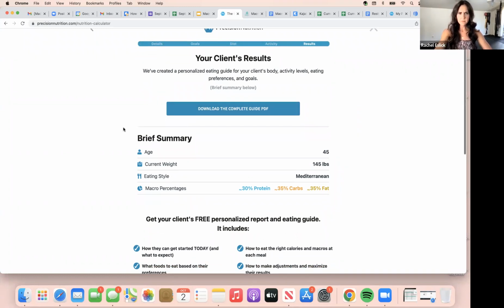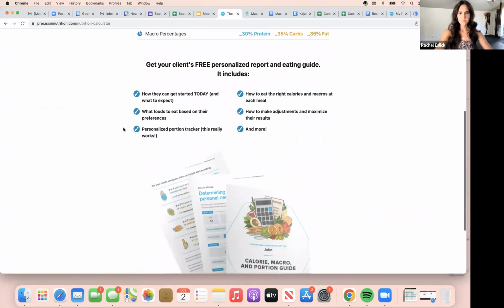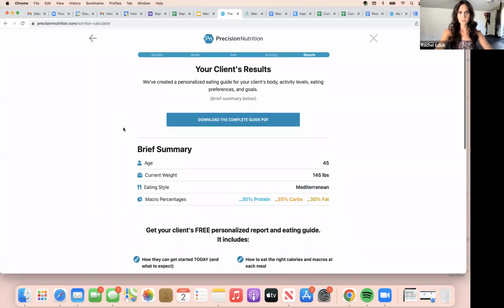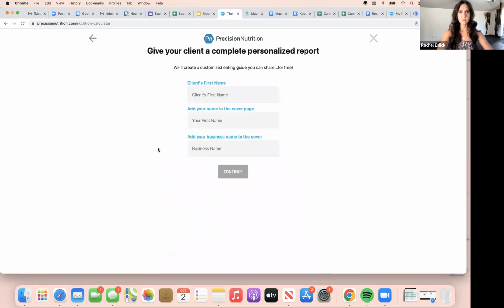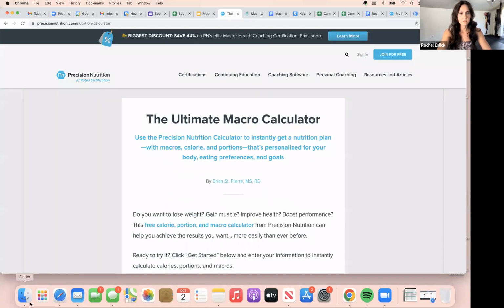Okay. So for you, what is it saying? Yes, I want to get the full download. I want the full thing. It says there's a brief summary, but I don't even see the brief summary. Anna, I'll email this to you. I don't know what that is. Did it download?